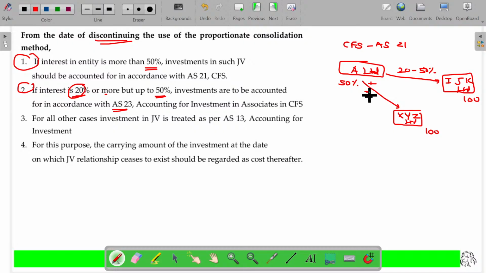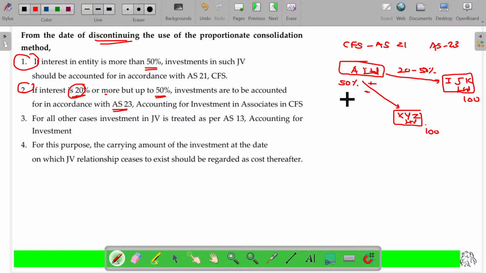It is 50% or above, not exactly 50; 50 plus 1. Here it is exactly 50. Though I have exactly 50, I cannot control. The other opponent also holds 50%. Definitely the decision will be in stalemate. Now this will be incorporated as per AS 23, not AS 21.